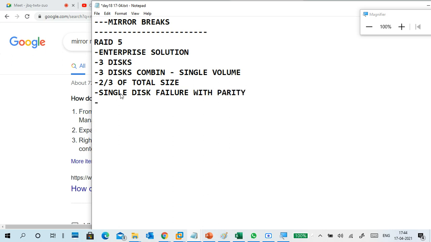So if any one disk fails, we can access data.